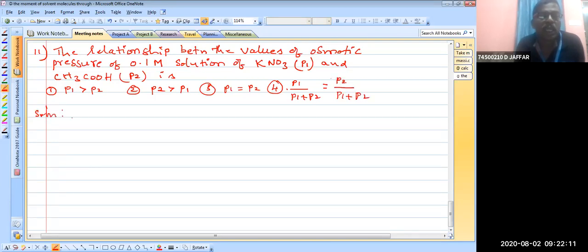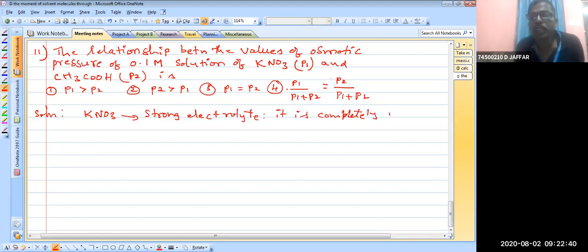KNO3 is a strong electrolyte, right? That's why it is completely ionized, and it forms 2 ions.